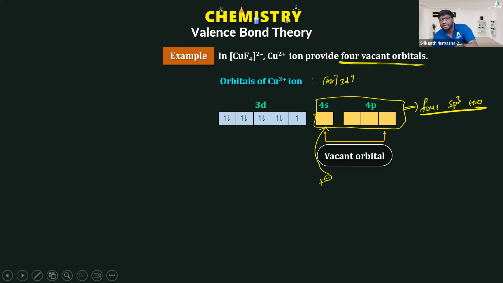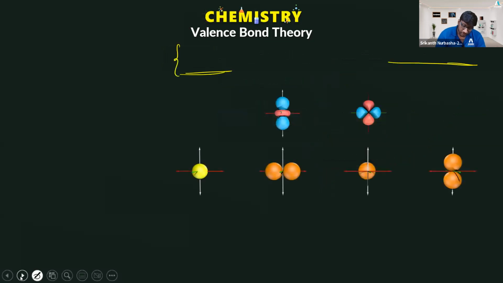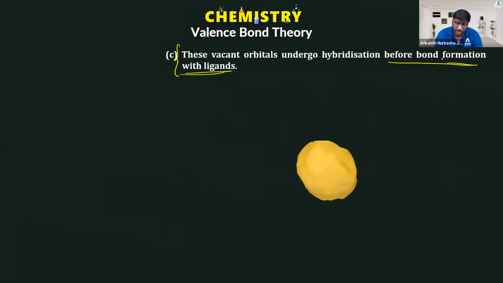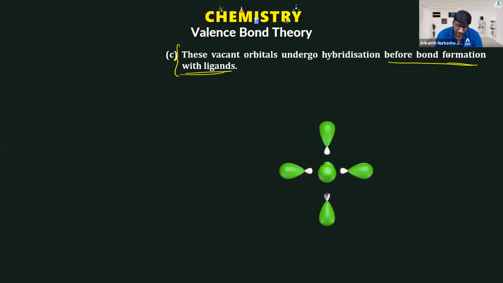Once you get the 4 sp3 hybrid orbitals, the ligand is donating electrons into the sp3 hybrid orbitals, not into the atomic orbitals of the metal. The ligands are donating their electrons to the hybrid orbitals, not to the empty atomic orbitals. These vacant orbitals undergo hybridization before bond formation with ligands.